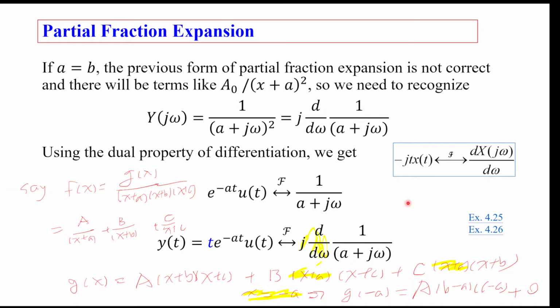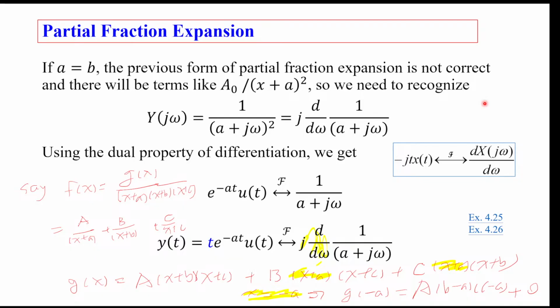But once again, we have this idea that we don't want to do integration, so we use another property to find this inverse Fourier transform. So your big Y equals 1 over (a plus j omega) squared, and here we use the differentiation property. We still want to build on the Fourier transform of 1 over a plus j omega.